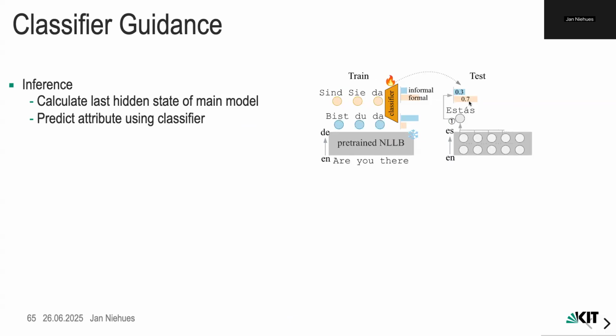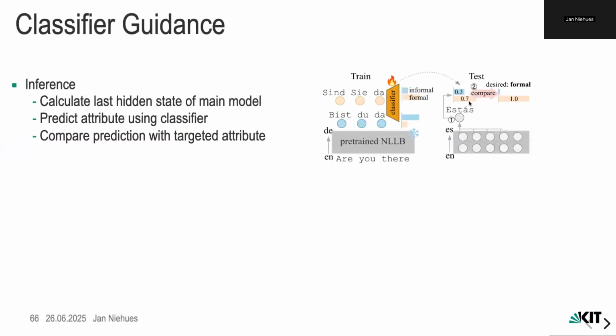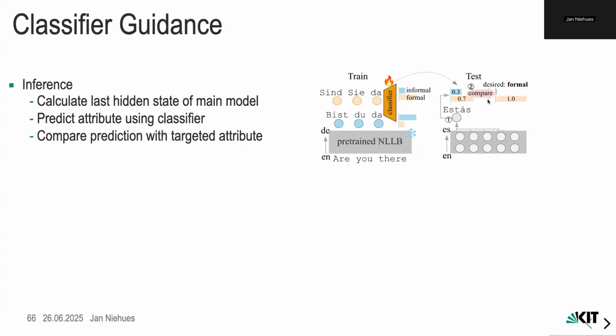So we calculate the hidden state of the main model, and we predict the attribute with the classifier. Then we compare it to what we want to have. Do we want formal? If we want formal, we say it should be very formal. If we want informal, we put the other one. Now we can measure the loss between what was predicted and what we want to have.